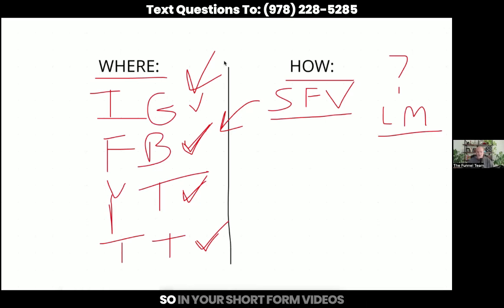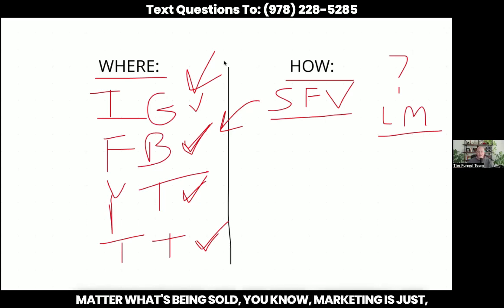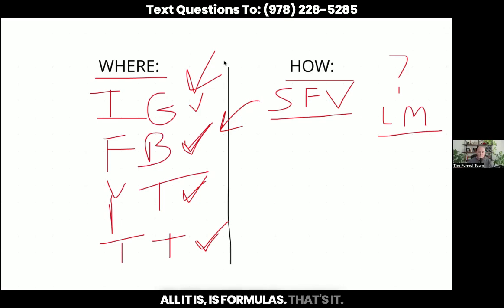Okay. So in your short form videos, you are offering people something. Now, there's a specific formula to follow, because you need to realize that when you're out there marketing online, no matter where it is, no matter what's being sold, marketing is just formulas. That's it. It's literally just formulas.